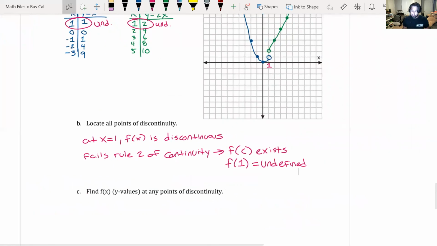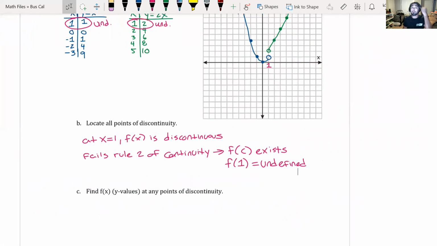Excellent. So moving on, we have find the y values. So it says find f of x at any point of discontinuity. This means find the y values at our point of discontinuity. Well, we just said in B that no y values exist. So when x is 1, which is our point of discontinuity, the y values are undefined.